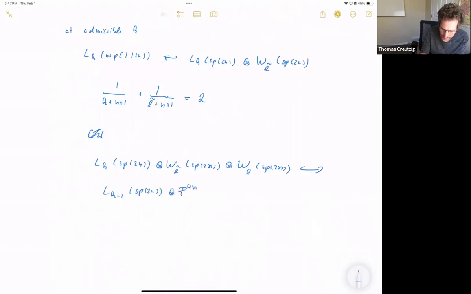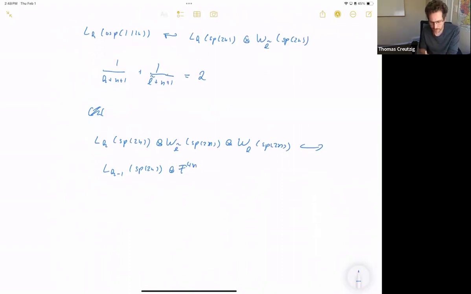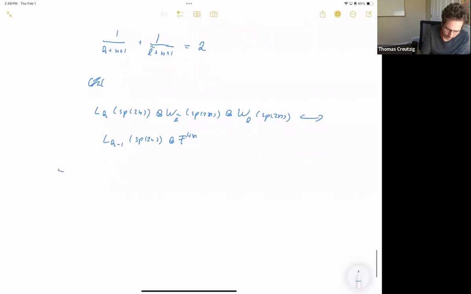And in particular, our coset is the coset of the affine SP 2n. So this means in particular, our coset of interest is a conformal extension of these 2 W algebras, let me just write dots, of type SP 2n.